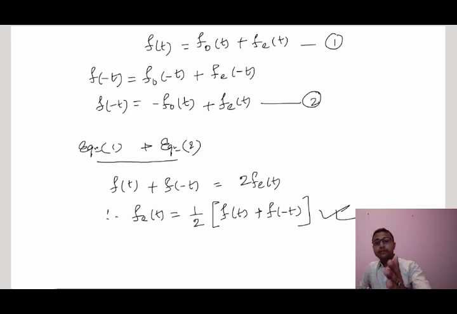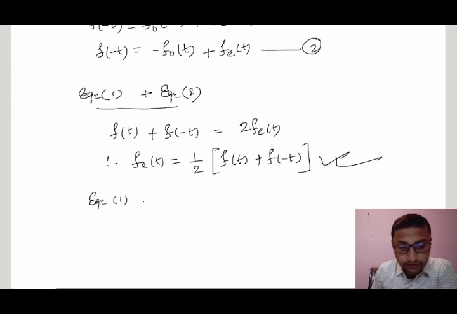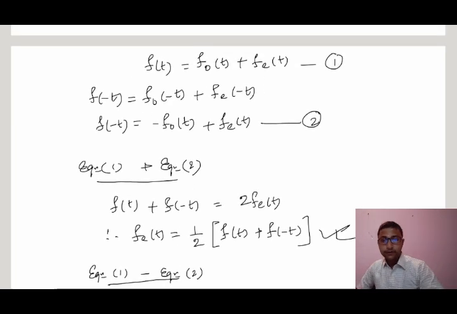Secondly, if we subtract equation 1 minus equation 2, then what will happen? Look, f_even(t) and f_even(t) will be cancelled out, where f(t) minus minus f(-t), that means plus.